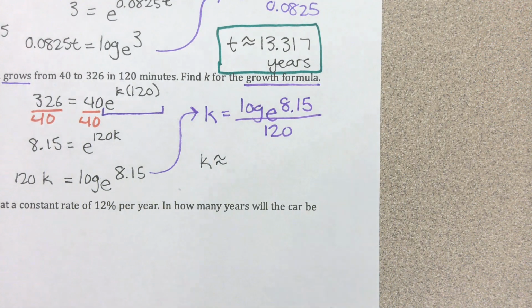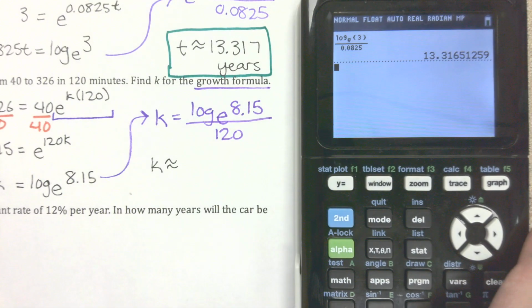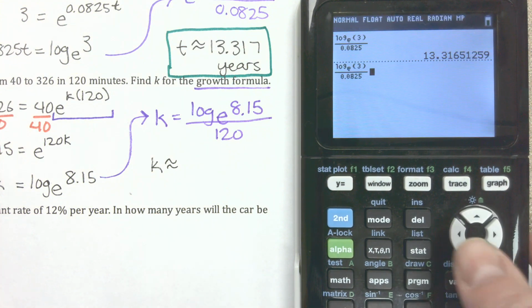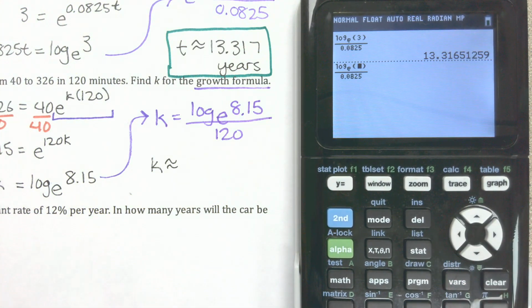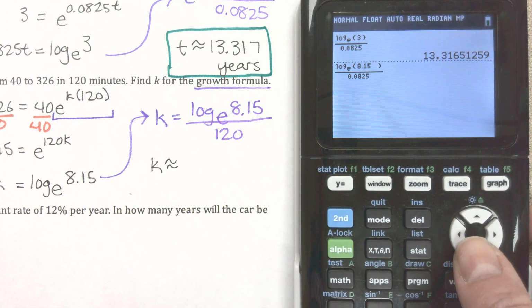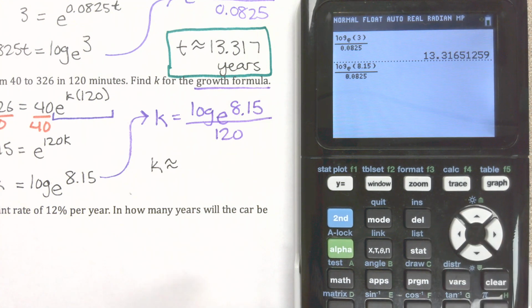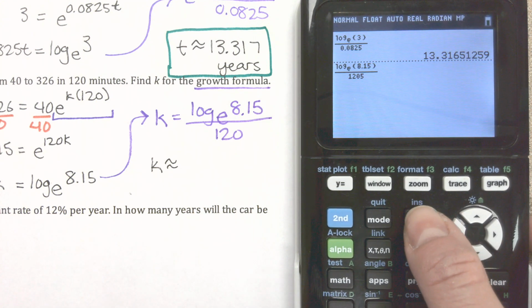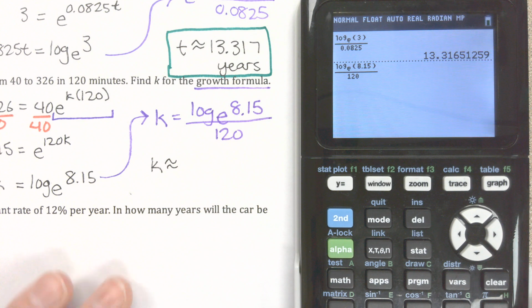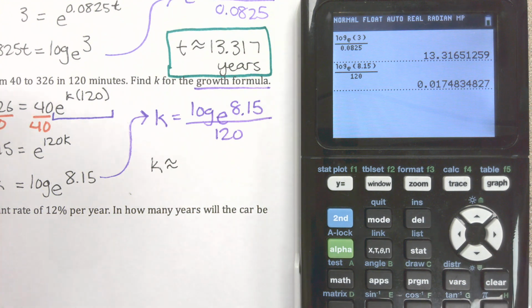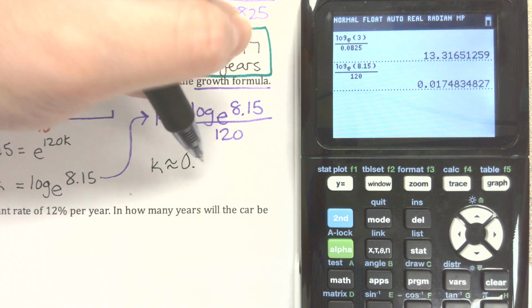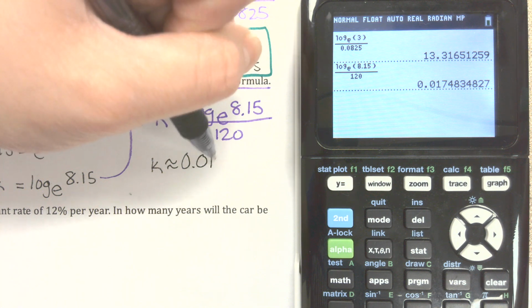Calculator to get our answer. Rounding that to 3 decimal places, we have 0.017.